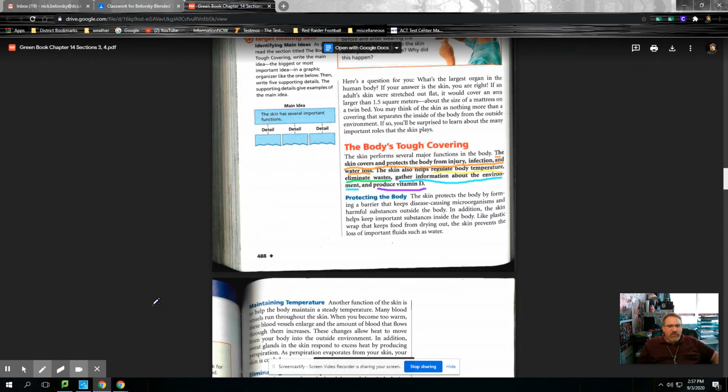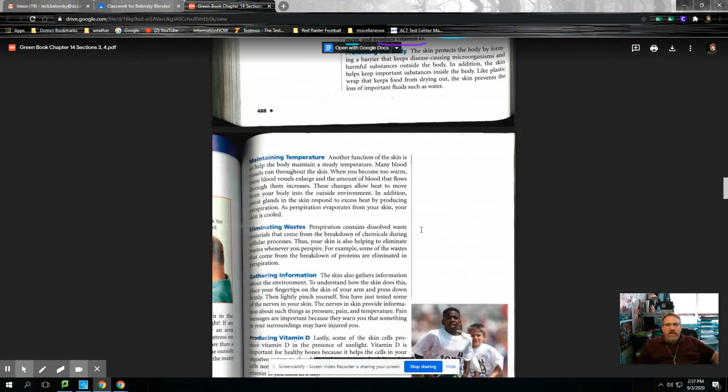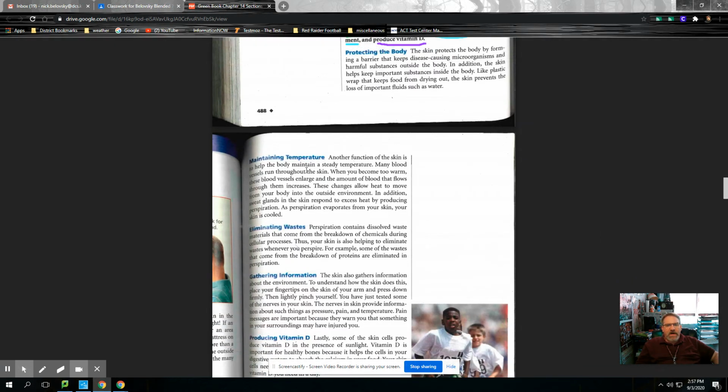All right, let's scroll down. And I can't scroll. So I got to get my pointer back. All right, maintaining temperature. All right, sweat, shivering, so on and so forth. When somebody gets real hot, they turn red. Well, your skin turns red when you get real hot because your blood vessels open and blood flows freely, and your body is trying to allow the blood to flow freely to allow the heat to escape.